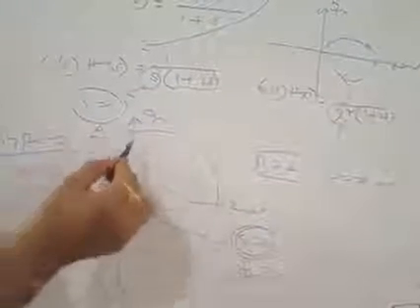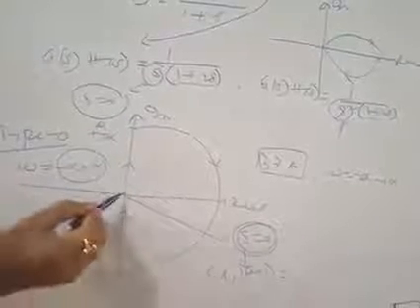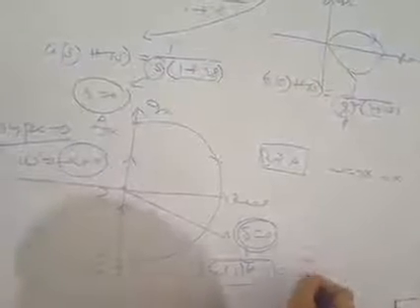G(s)H(s) at s equal to 0, because when you move from this position to this position, definitely a point comes which is O, that is origin, and the value of s is 0 here. If you put s equal to 0 in the type 1 transfer function, you will get 1 by 0 into 1 plus 2 into 0, that means 1 by 0 into 1. So 1 by 0, that is infinity.